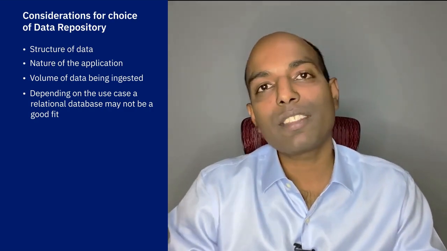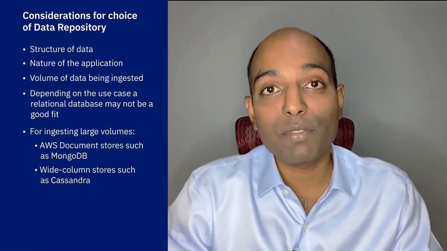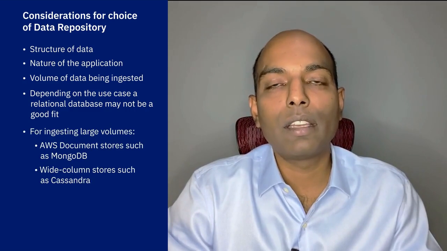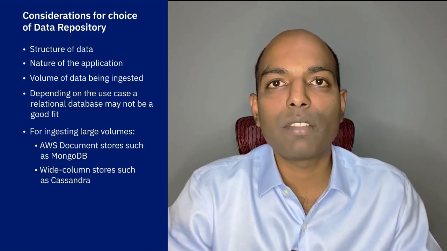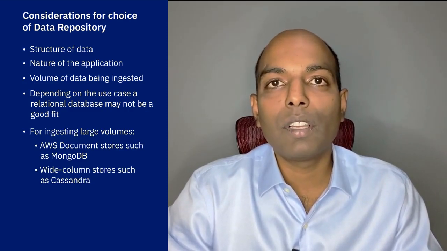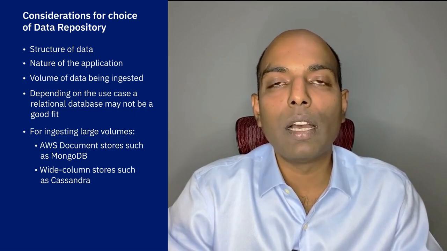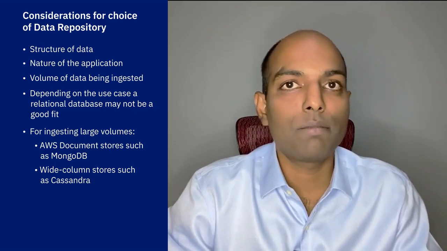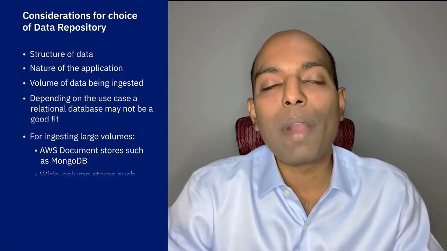In those cases, depending on the use case, for example, if you're ingesting gigabytes or terabytes of data per day, then document stores such as MongoDB or wide column stores such as Cassandra might be a good fit for you.